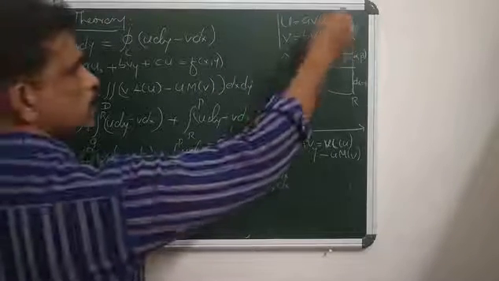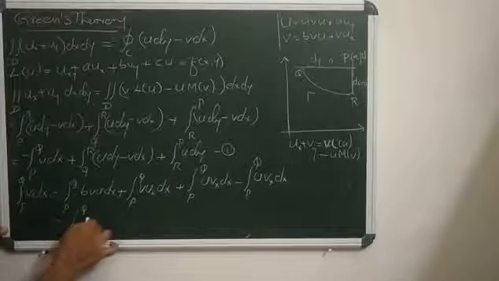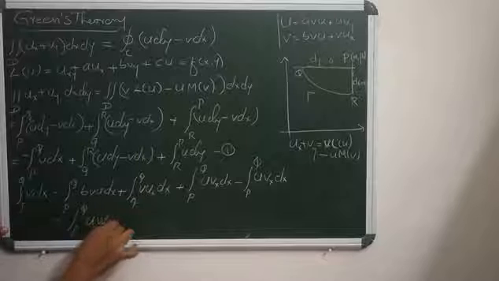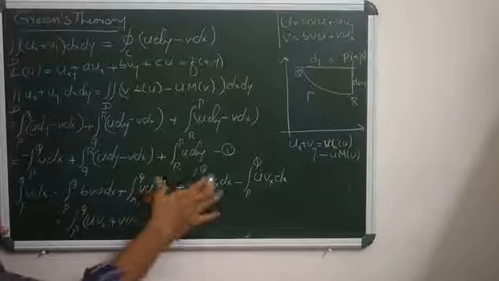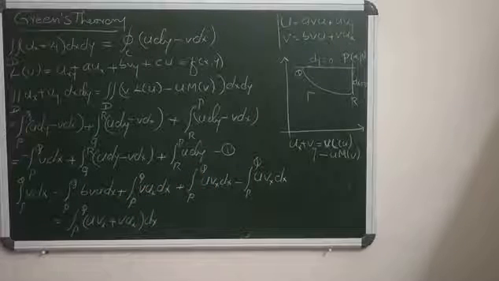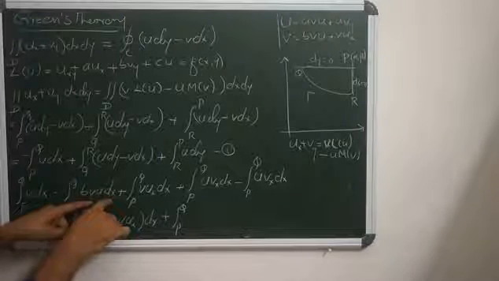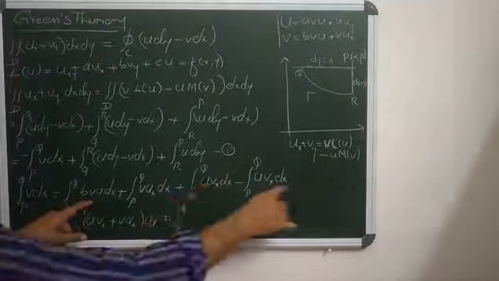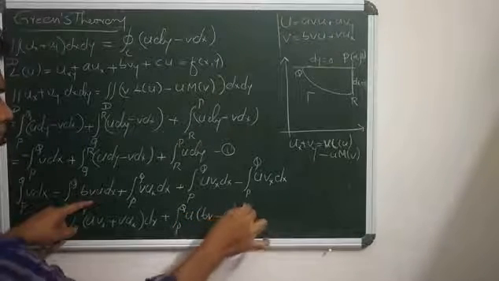There is a plus, not a negative sign. These are plus. So it is the integral of u v x plus v u x dx from these two terms. Plus the integral along PQ of v v y dx minus u v x dx, so it is u into v v minus u dx.